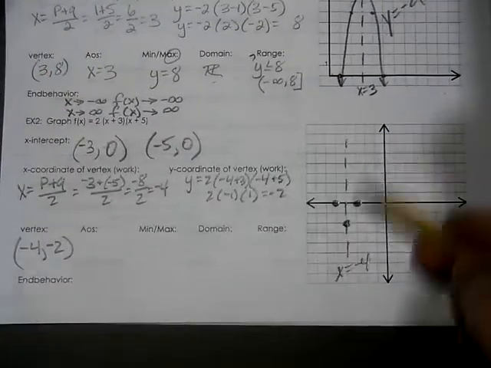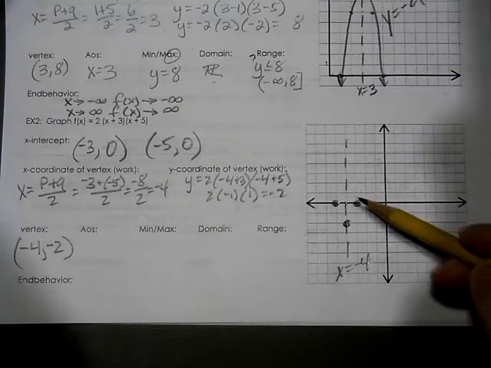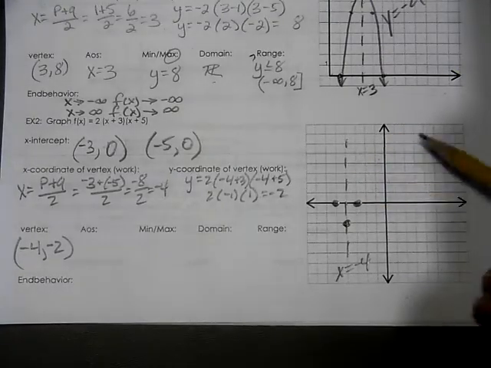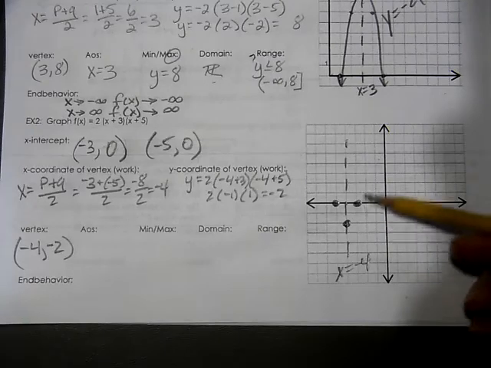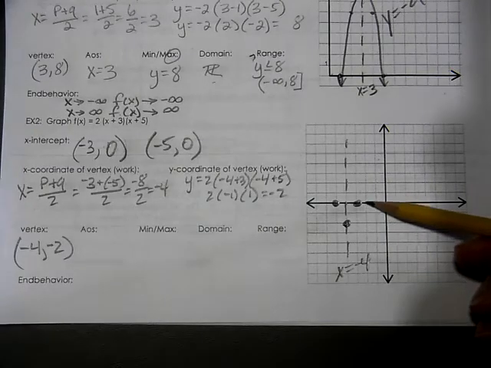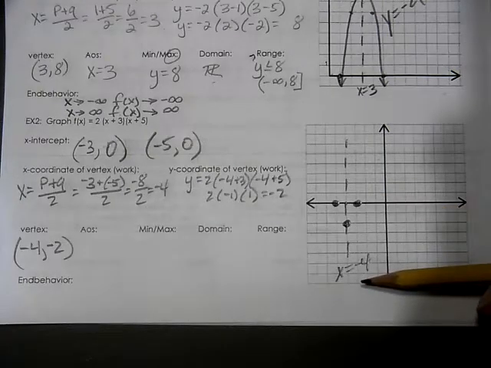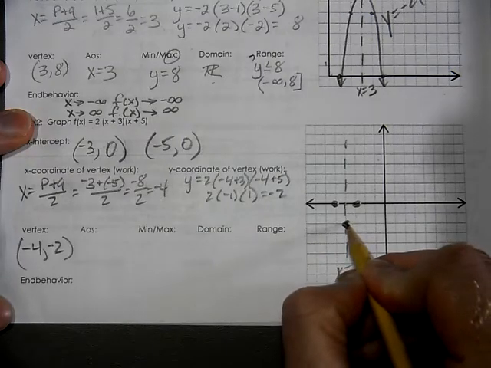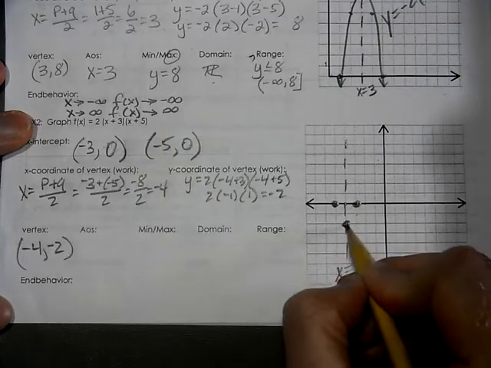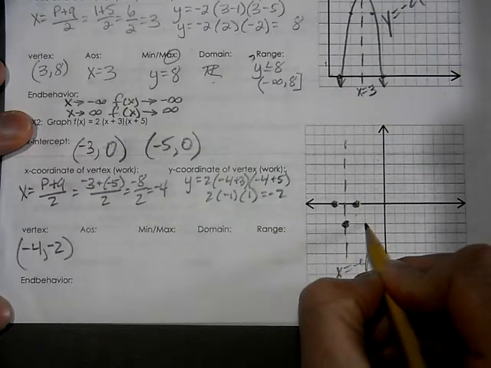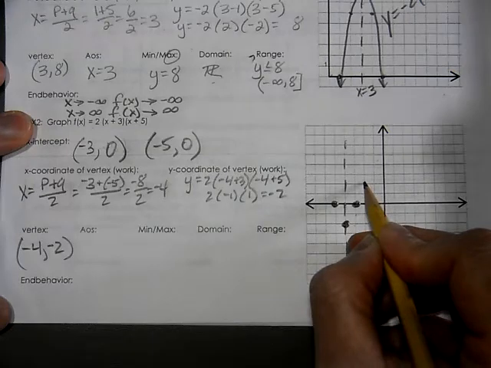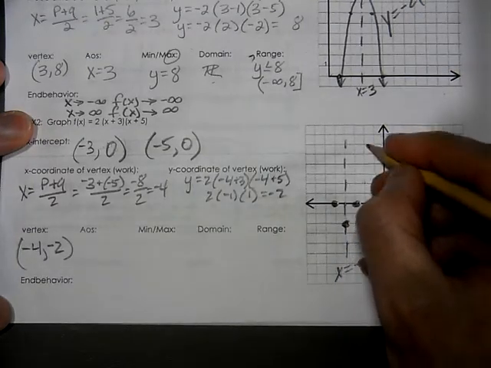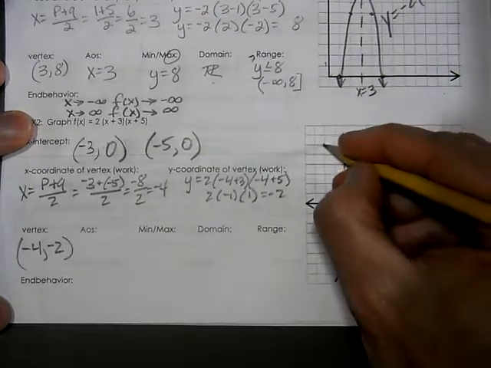Now we're going to look at some other points so we can draw our graph well up throughout our grid. We can look out here at x equals negative 2, x equals negative 1. One way, the parent function would be over 1, up 1. Now we're going to go 2 more than that. So x is 2. Parent function is x is 4. We're going to go 2 times that. We should be up here.